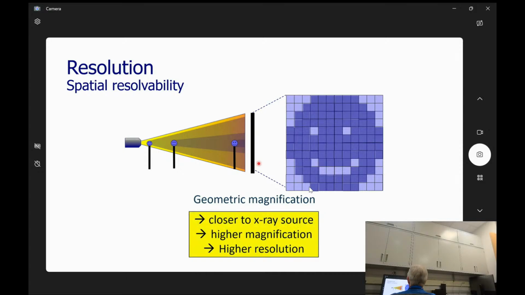So closer to the X-ray source, I get higher magnification, higher resolution. But if I've got too big of a sample, I can't do the entire sample at that resolution. I'd have to move it out farther. And that's sometimes an advantage because maybe that larger sample doesn't have as fine of features as my smaller sample does. And I can put a lot more energy through the system at a higher magnification.